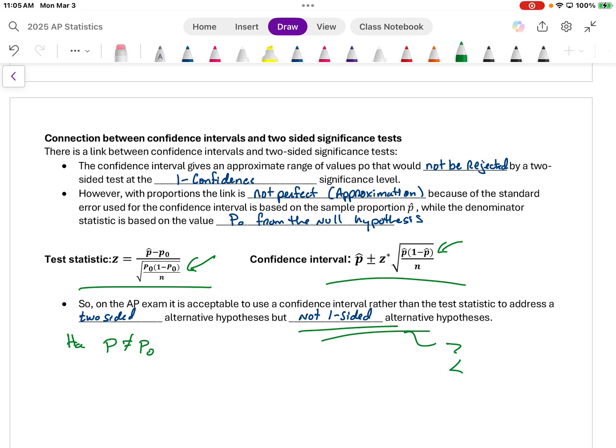And we're going to talk about it a little more tomorrow: if our null hypothesis value is in the range of the confidence interval, how does that relate to rejecting and failing to reject? Tomorrow we'll have more time.